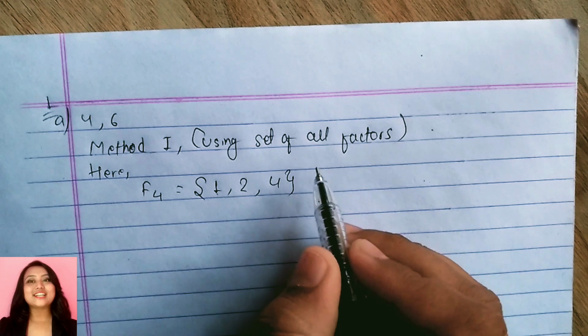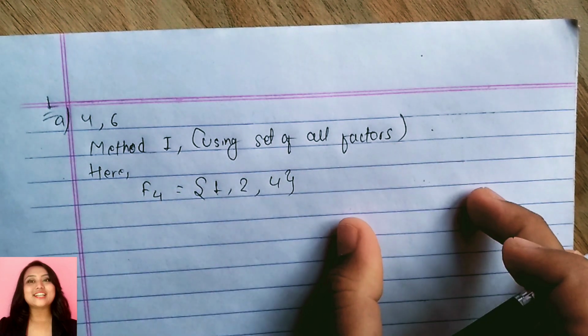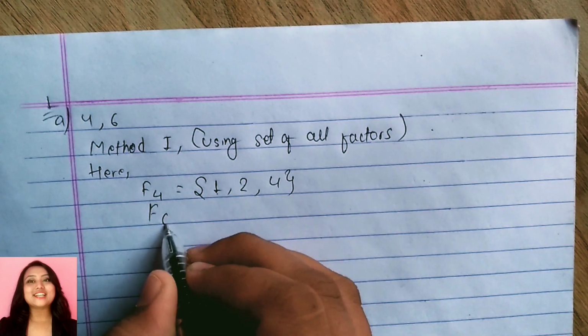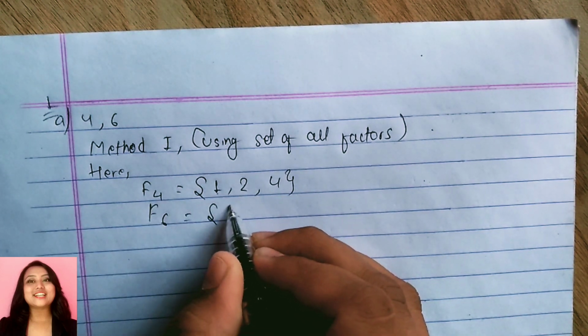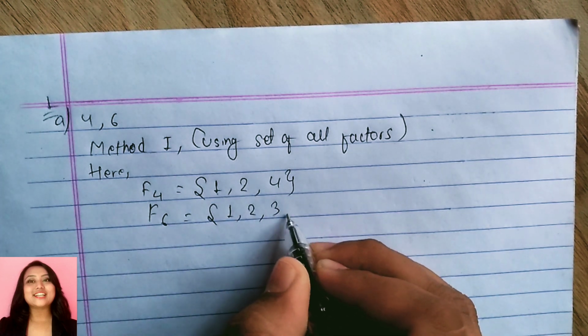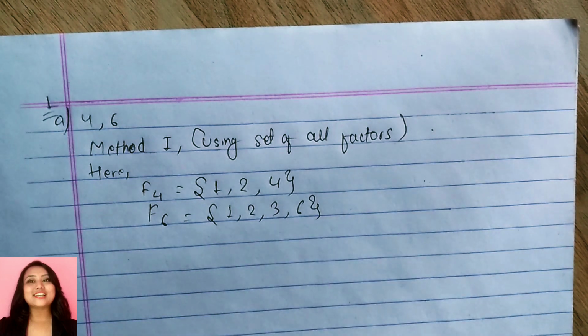And it's not the prime factorization, so please differentiate between the prime factors and all the factors. Another number we have is 6. The factors of 6 are 1, and 2 3s are 6. That's why 2 and 3 are also factors. So 6 is also there.